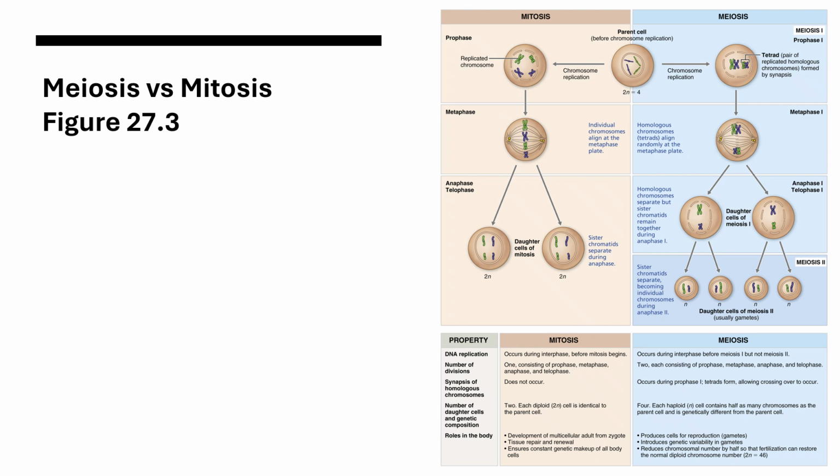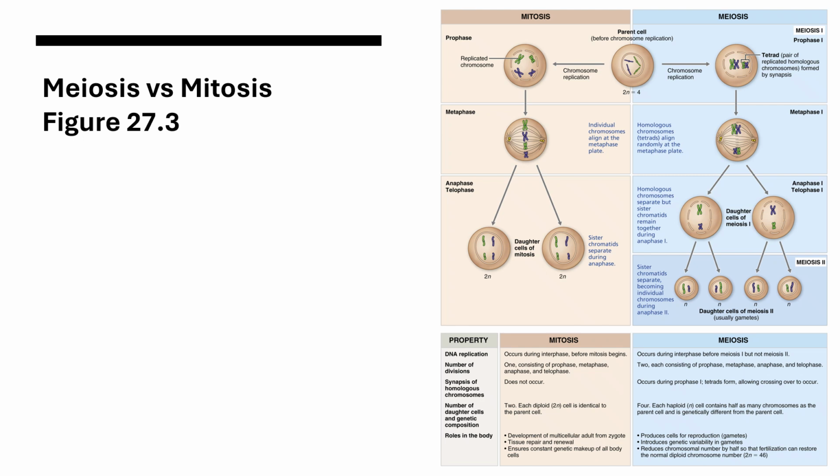Each diploid cell is identical to the parent cell. In meiosis, we have 4. Each haploid cell contains half as many chromosomes as the parent cell and is genetically different from the parent cell. So in meiosis, we're getting genetically different cells, and in mitosis, they're identical.